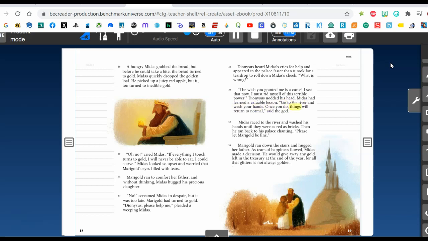Once you do, things will return to normal," said the god. Midas raced to the river and washed his hands until they were as red as bricks. Then he ran back to his palace chanting, "Please let Marigold be fine." Marigold ran down the stairs and hugged her father. As tears of happiness flowed, Midas made a decision. He would give away any gold left in the treasury at the end of the year, for all that glitters is not always golden.